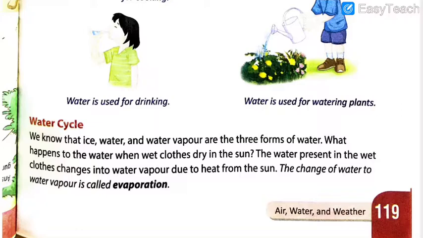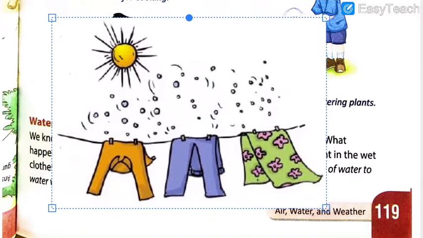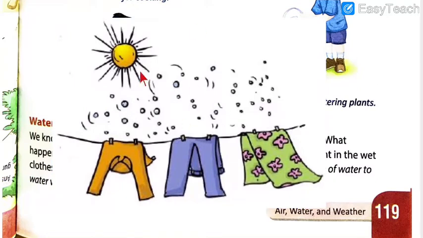What happens to the water when the wet clothes dry in the sun? Now again, is there any magic happening? Your mom or the maid at your house washes the clothes and dips the clothes inside the bucket of water, and within 2 to 3 hours the clothes become dry and in a condition that you can wear easily. Why so? Now you will say, sir, because of sunlight.